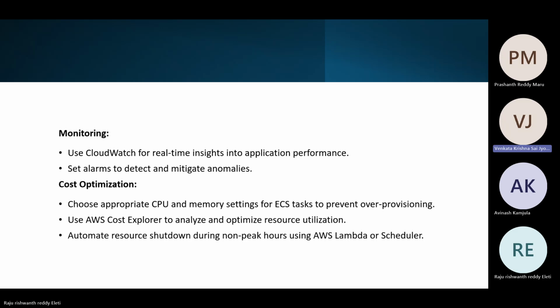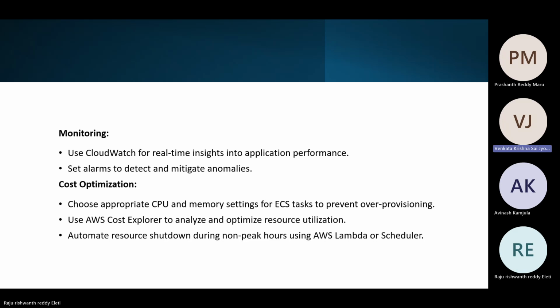And when it comes to monitoring, we leverage Amazon CloudWatch for real-time monitoring of application performance and health. We set up alarms to detect anomalous performance issues early, allowing for proactive resolution.